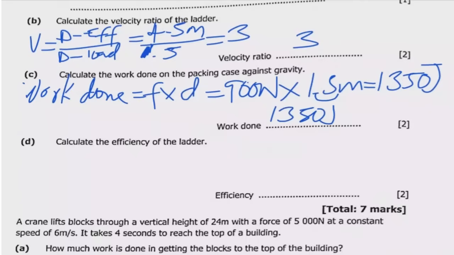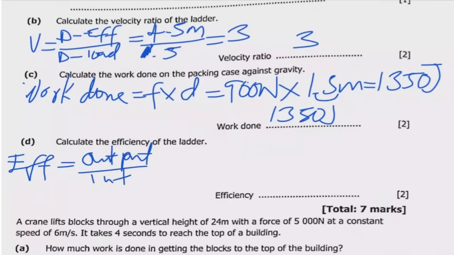Okay, now we come to the question, which is calculate the efficiency. To calculate the efficiency, we are going to use the formula: efficiency is equal to work output over input.